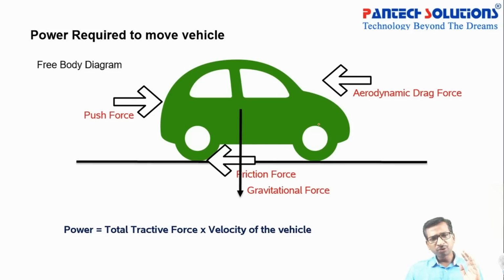The propulsion force is the resultant force you need to apply on the motor side, to overcome these opposite forces: the gravitational force, friction force, and aerodynamic drag force. So the total power required is the total tractive force, that is the summation of all the forces, multiplied by the velocity of the vehicle. At what velocity range you should drive your vehicle, right? If you know these two details, from this you can calculate the total motor power.